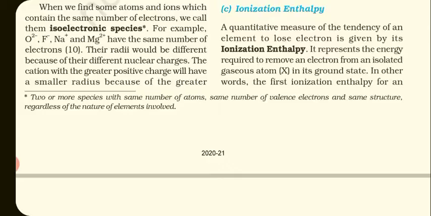Ionization enthalpy: a quantitative measure of the tendency of an element to lose an electron is given by its ionization enthalpy. It represents the energy required to remove an electron from an isolated gaseous atom in its ground state.